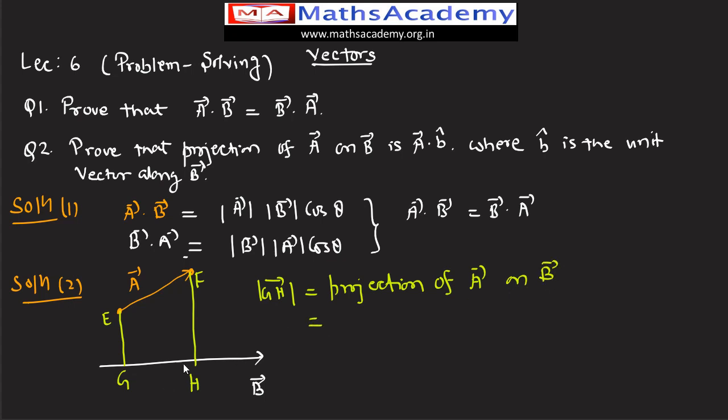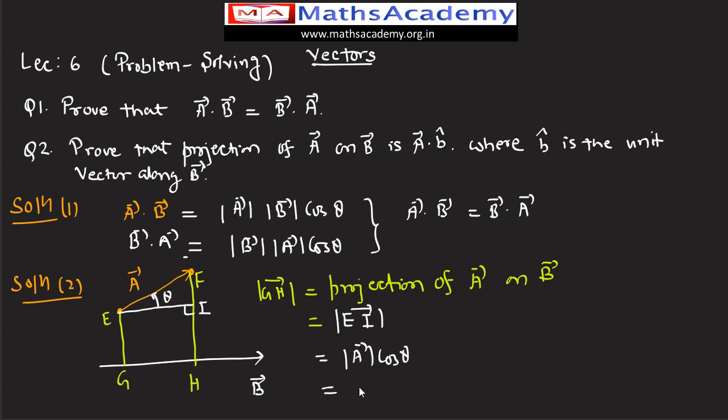This length GH is the same as the length EI, if I draw one more perpendicular from E on FH and call it EI. If I consider this angle to be theta, the angle between A vector and B vector, then EI is base equal to hypotenuse into cos theta.